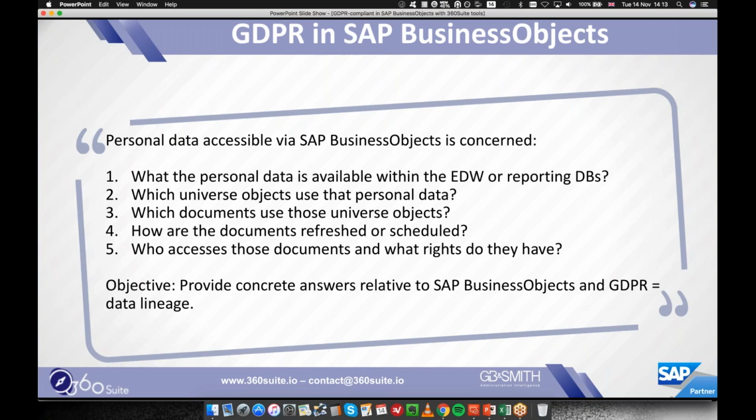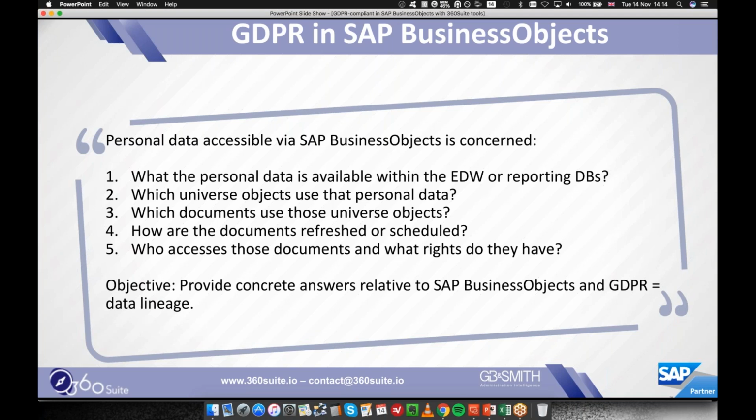So again, another set of 5 questions. What is the personal data that is available within the enterprise data warehouse or the reporting databases or reporting sources? And we're not just talking about databases. Excel spreadsheets also count as a reporting source that might contain personal data, and that is also subject to the compliance needs for GDPR.